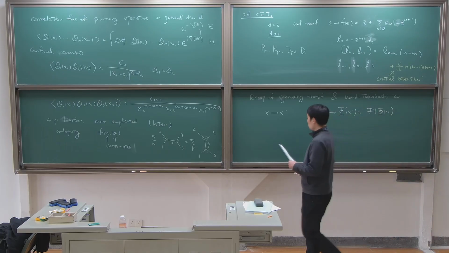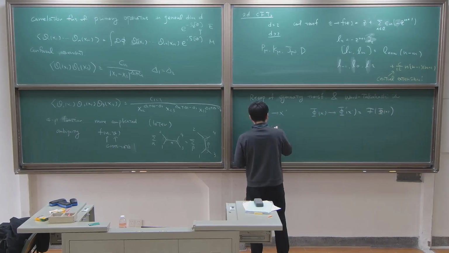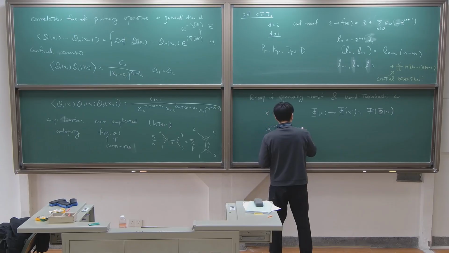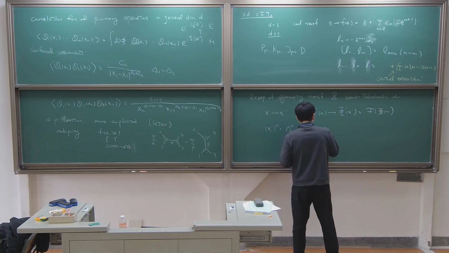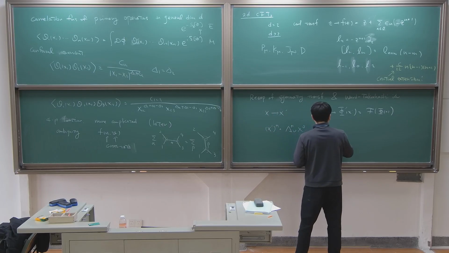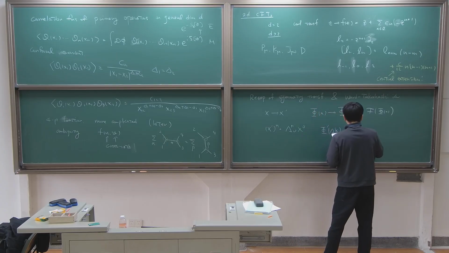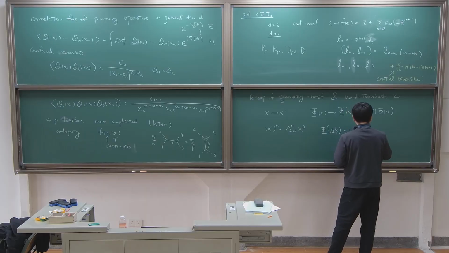For instance, if it is the rotation, x prime mu is something like lambda mu nu x nu, a rotation or Lorentz transformation, whatever it's called. Then phi prime of lambda x is U of lambda times phi of x.